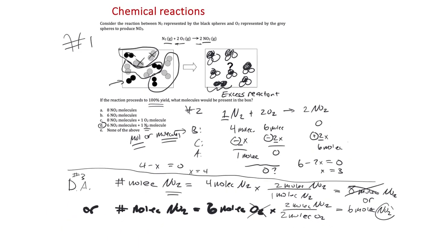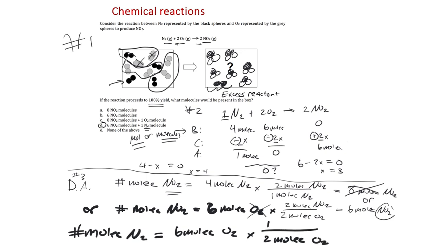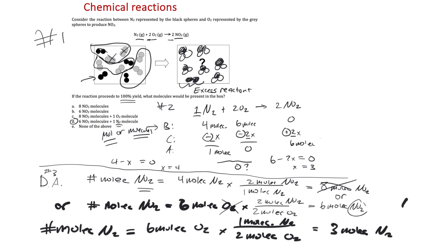We can say, well, the number of molecules of N2 that are needed to react with the 6 molecules of O2 would be, for every 2 molecules of O2 in the equation, I need 1 molecule of N2. So that'd be 3 molecules of N2 that react with the O2. And so the remaining N2 would be the 4 initial minus the 3 that react, leaving the 1 N2 behind.